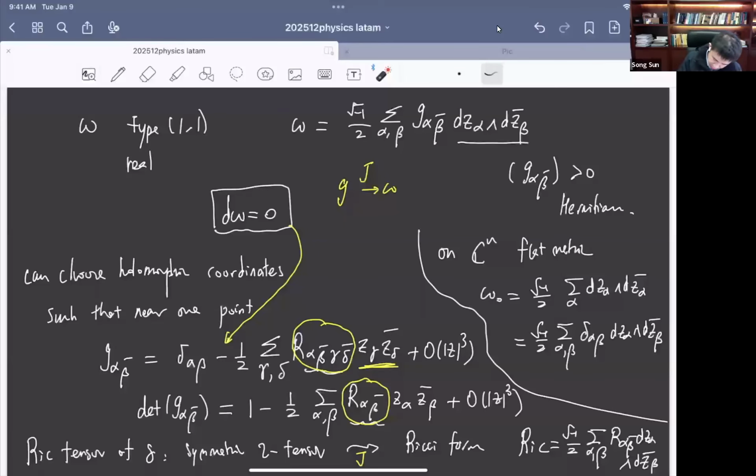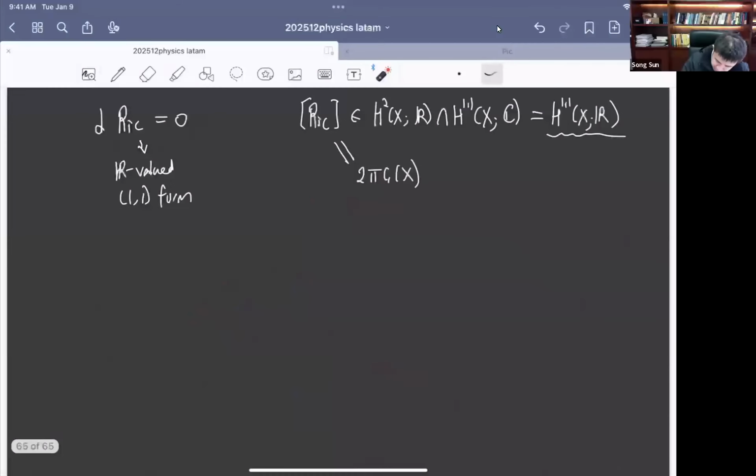You just compute dd bar log of this, and you get the Ricci form. And the first Chern class of a manifold is the same as the first Chern class of the anti-canonical line bundle, K_X inverse.